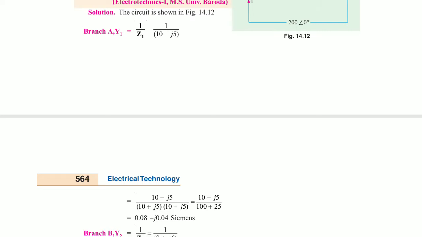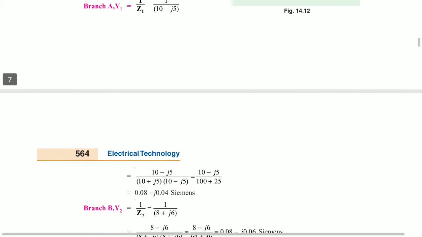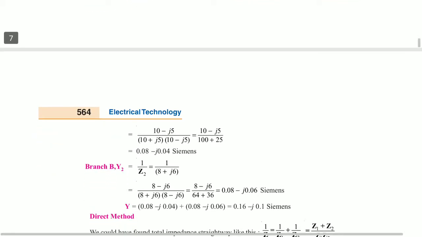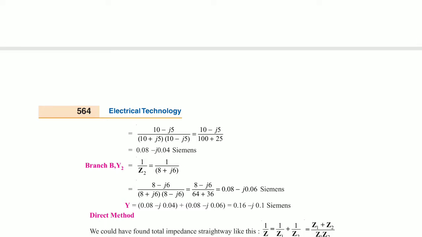So Y1 is equal to 10 minus J5 divided by 10 plus J5 into 10 minus J5. That is 10 minus J5 divided by 100 plus 25. Here Y1 is equal to 0.08 minus J0.04 Siemens.